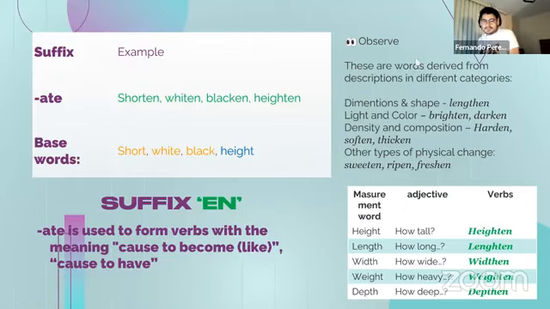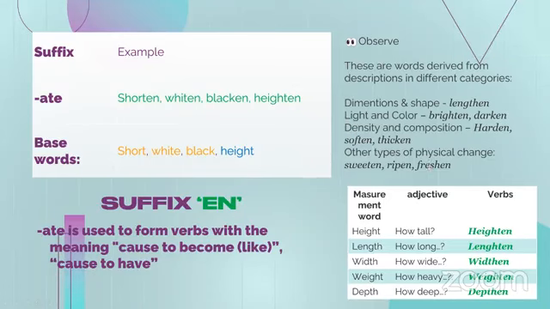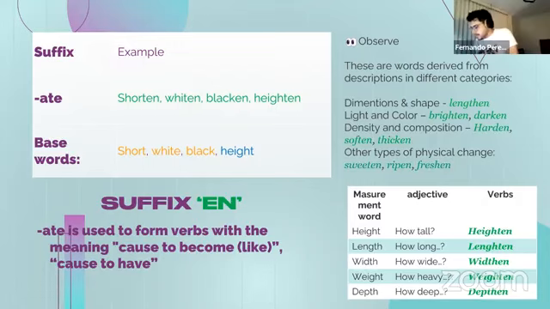Look at these descriptions. Let's read this. Help me, Rafa. Read this section. These are words derived from descriptions in different categories. Dimensions and shape. Pronunciation. Let me help you.